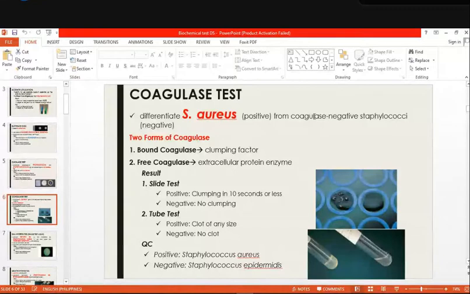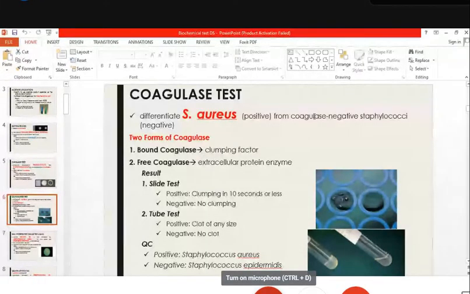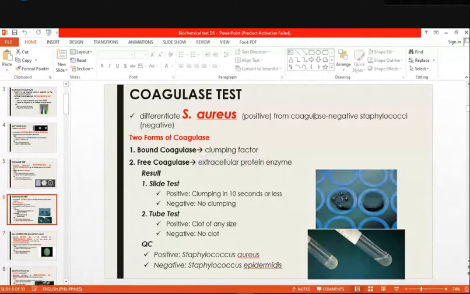So in the tube test, you put your reagent. What is our reagent for the tube test, or for the coagulase test in general? Okay, rabbit EDTA plasma. You put 0.5 ml, for 4 to 6 hours or sometimes overnight.